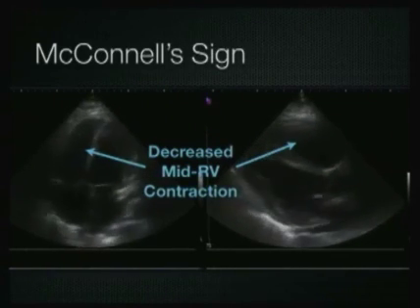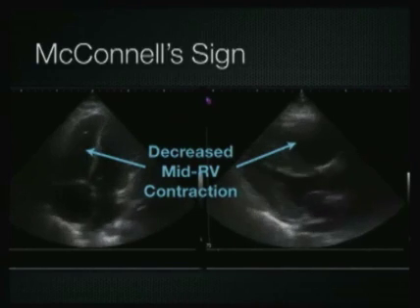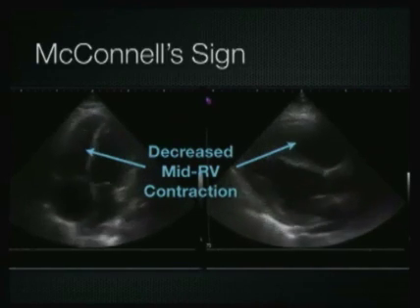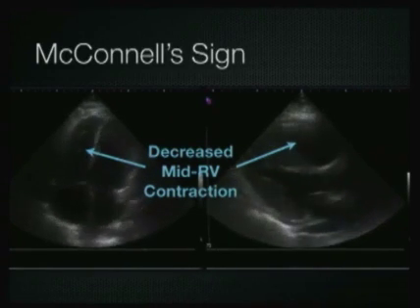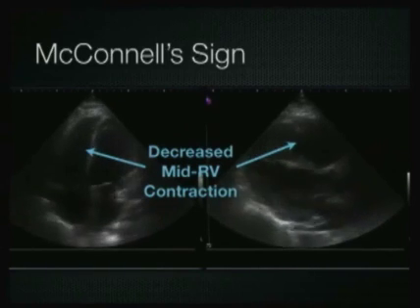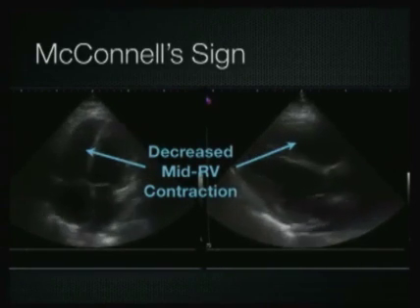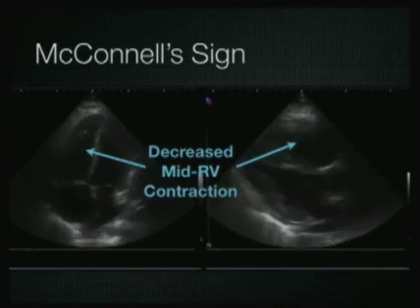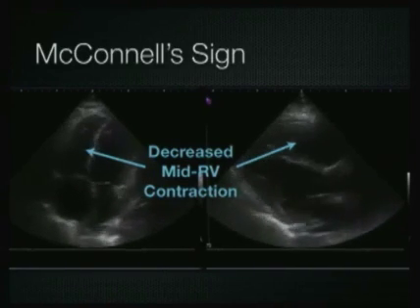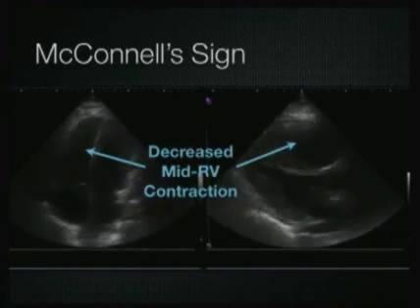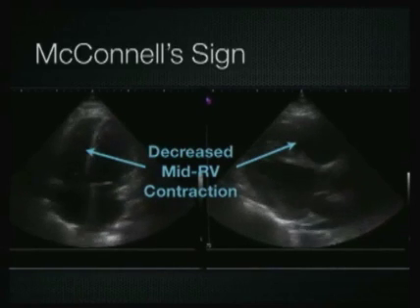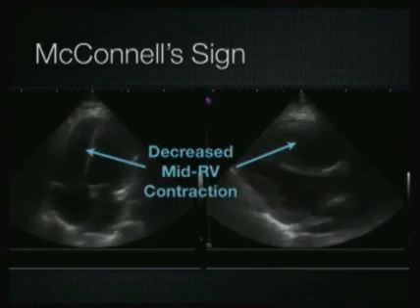A lot of people aren't exactly sure why this occurs. Some theories are that the apex of the RV is somewhat tethered to the LV, and the LV is still normally contracting. So that gives it that appearance of pulling the apex over. Some people also think that there might be some relative ischemia to the mid-RV, so this causes the hypokinesis.